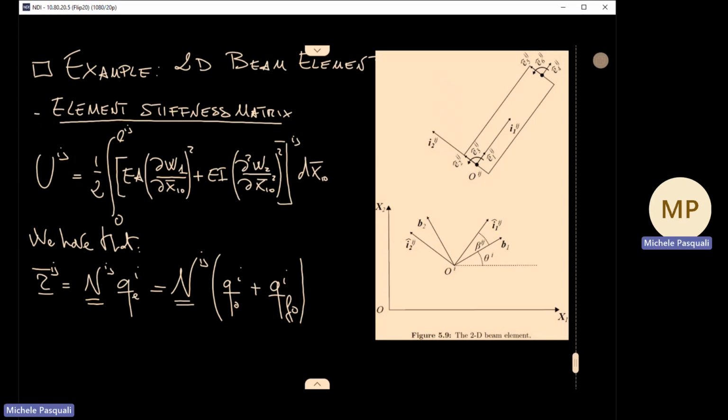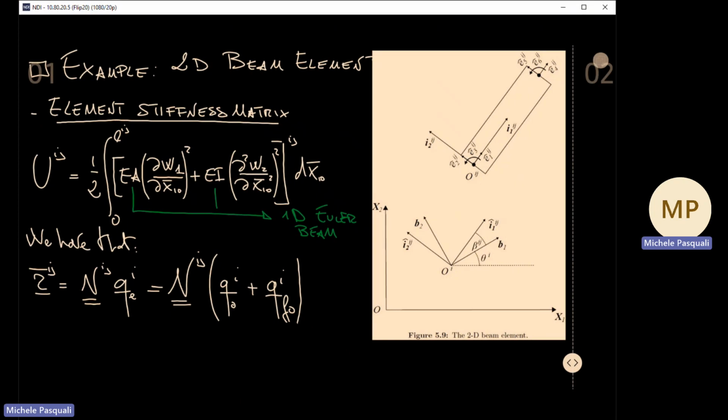Okay, here we always have the case of a 1D Euler beam. The model is always a 1D Euler beam, in terms of constitutive information. So the displacement induced by the deformation, which is Wij as a vector, therefore becomes Nij applied over QF0I.